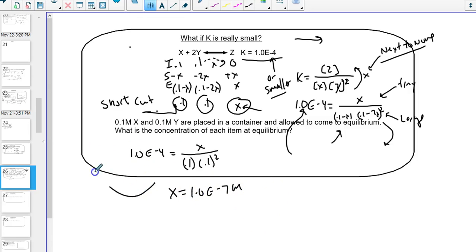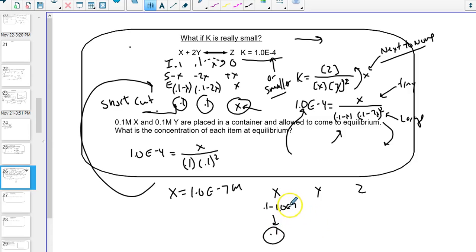So I can plug it back in, and they typically want to know the concentration of each item. So x, y, and z. I plug that value in here, so it's going to be 0.1 minus 1.0 e to the negative seventh, and we're going to say that's basically 0.1.